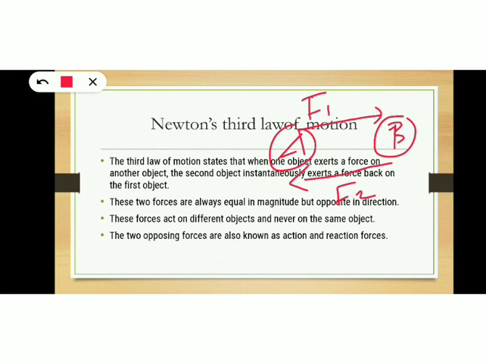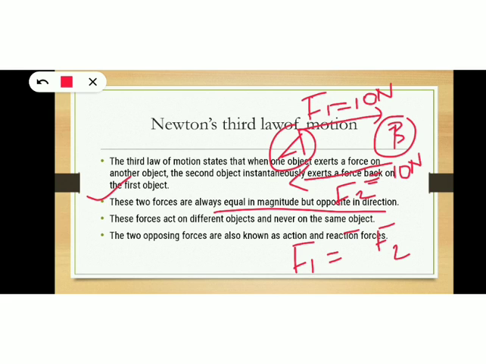And these two forces F1 and F2 will be equal in magnitude but opposite in direction. If F1 is 10 Newton, then F2 also will be equal to 10 Newton, but it will be in the opposite direction. So these two forces are always equal in magnitude but opposite in direction.